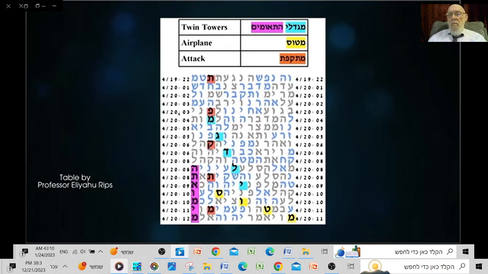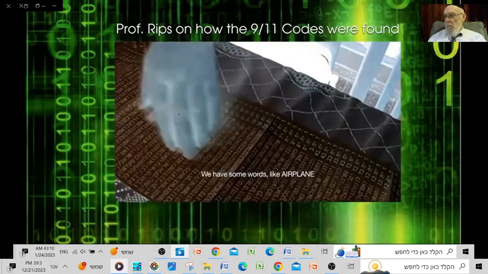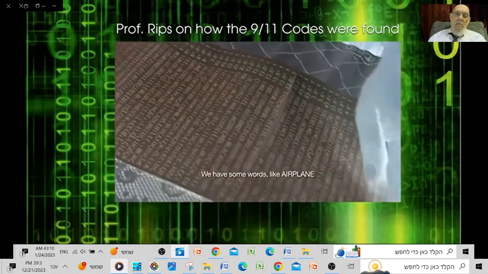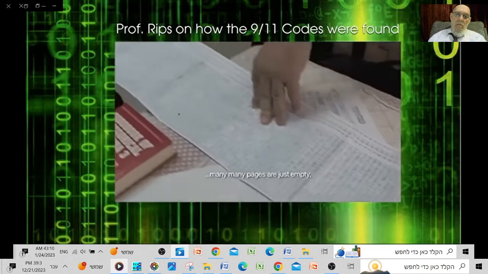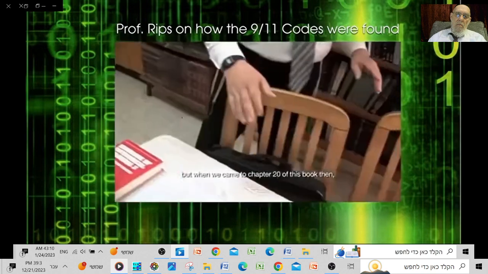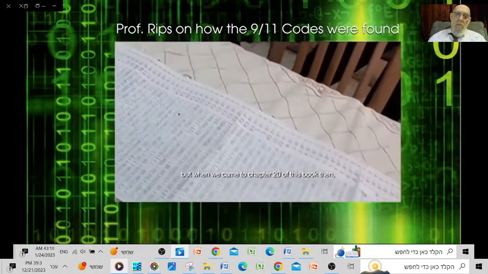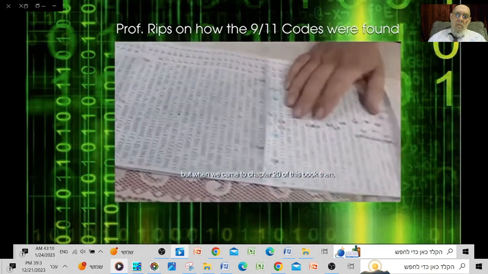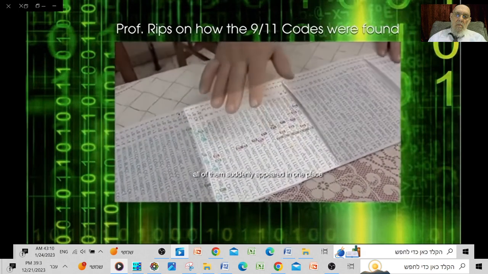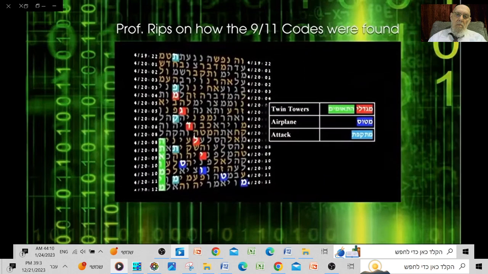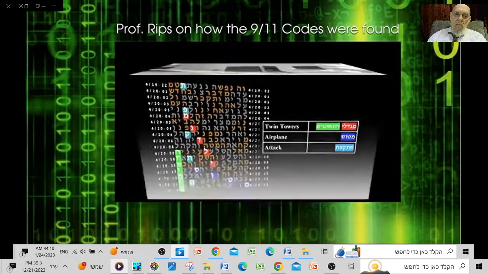All of those words would be so tightly configured in just one chapter. But when we came to chapter 20 of this book, then all of them suddenly appear in one place. This shows very clearly how everything concentrated in one single place.